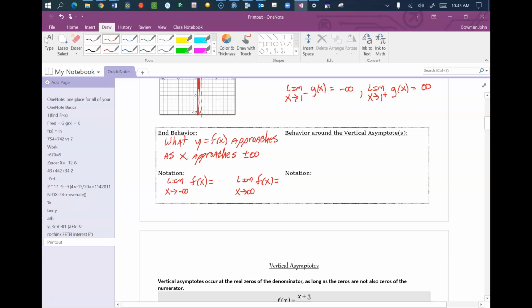For behavior around vertical asymptotes, we have to talk about approaching that vertical asymptote from the left and the right.